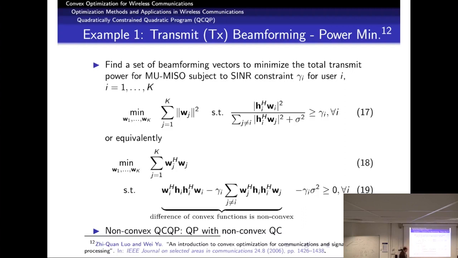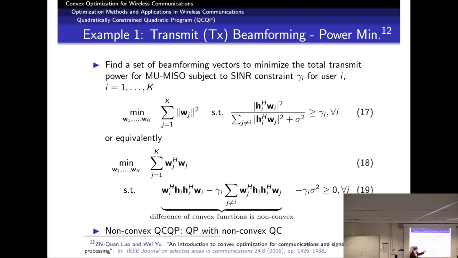Okay, so this is getting a little bit more complicated because here we have a quadratic function. I have precoders w_i on both sides here, and effectively a matrix that is positive semi-definite, right? With non-zero eigenvalues, but one of them will be positive.